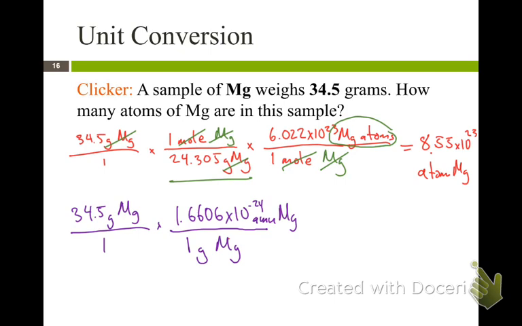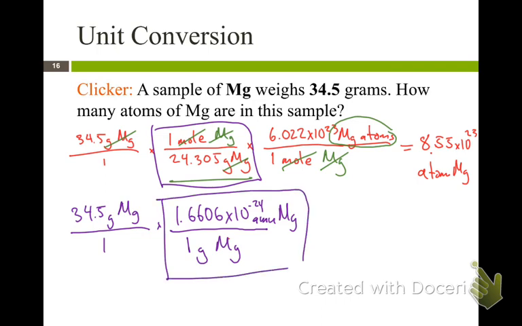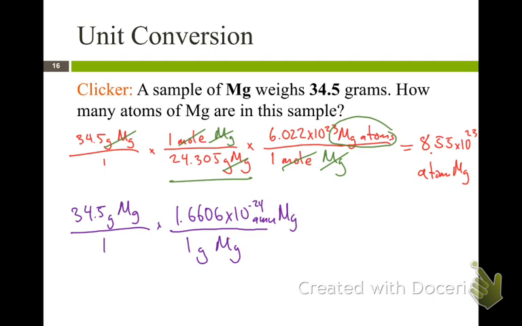This is converting from weight to weight, instead of what we did above, where we converted from weight to number. While both of these are appropriate and completely correct mathematically and will give you the same answer, most homework platforms will want you to use molar mass first, converting to moles, and then converting to atoms.